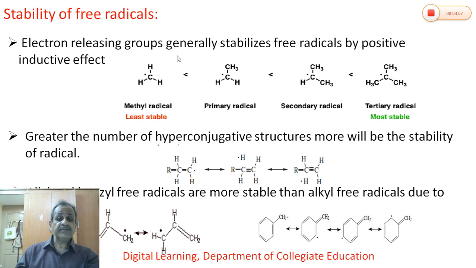When you see the stability of these free radicals, methyl free radical is less stable than primary free radical, which is less stable than secondary free radical, which in turn is less stable than tertiary free radical. This is the most stable free radical, and methyl radical is the least stable free radical.